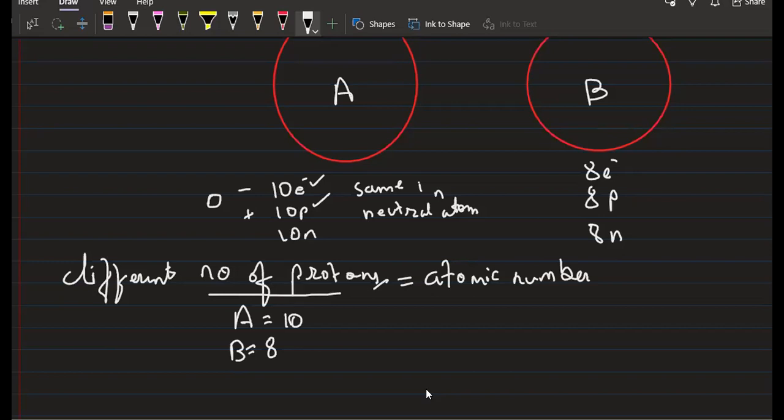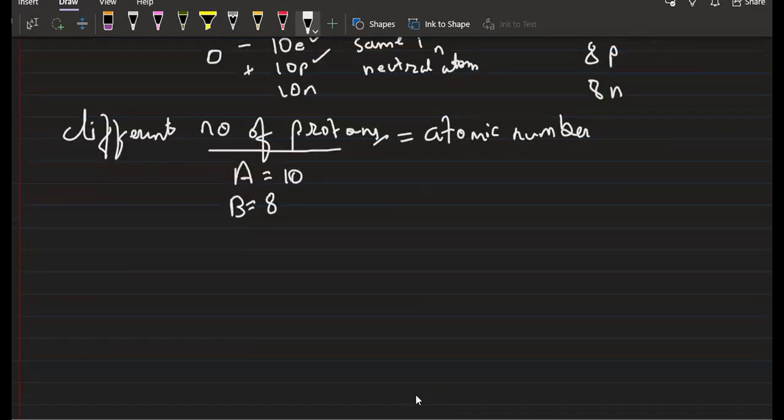Different elements should have different numbers of what? Protons, right? We just said that electrons may be the same, and neutrons may be the same or different. There will be some cases in which neutrons might be the same, and we will see those cases. But the number of protons will never be the same. Got it, everyone?